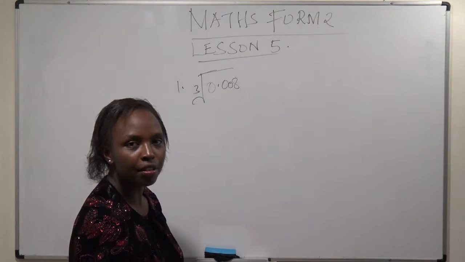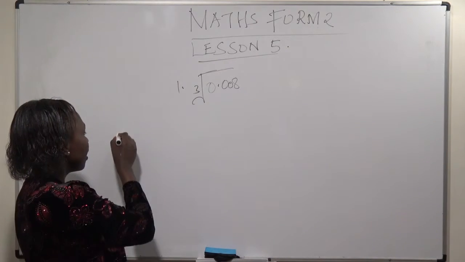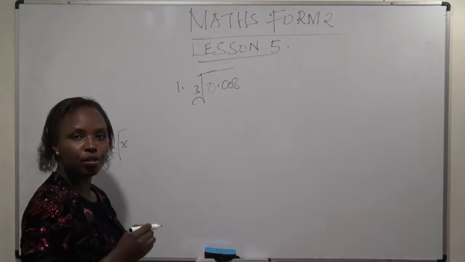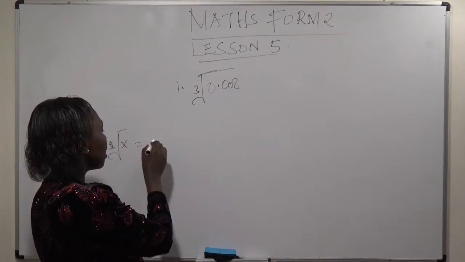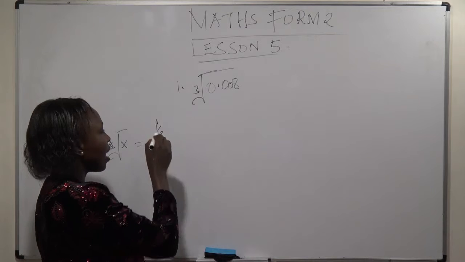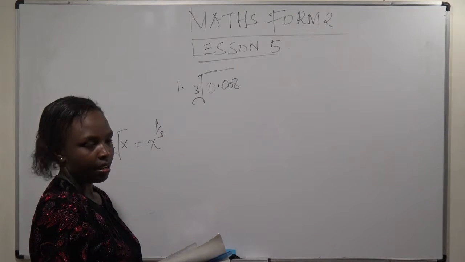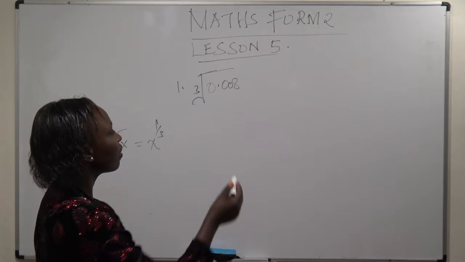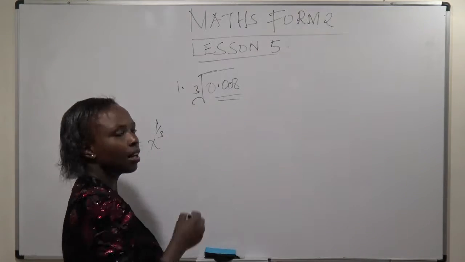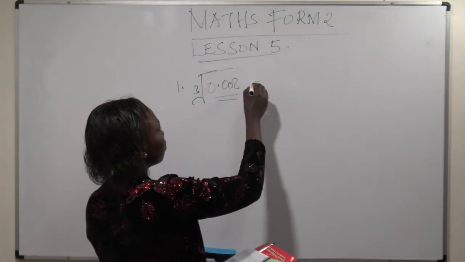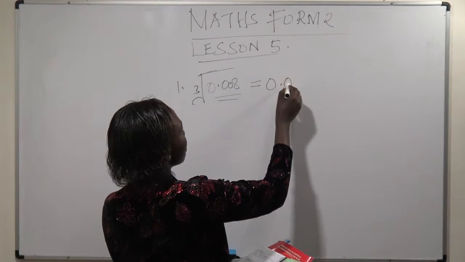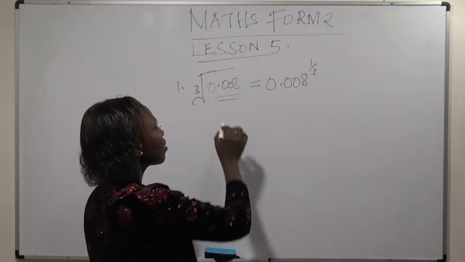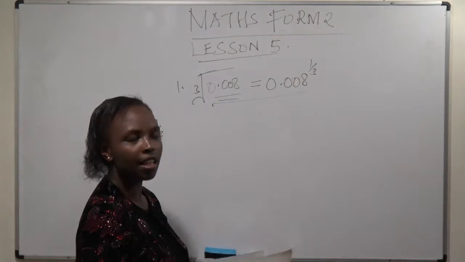Not forgetting that the cube root of any number means that number to the power one third. To make our work easier using the factor method, we first write 0.008 to the power one third. It does not lose its meaning, only that we are writing it in a different way.